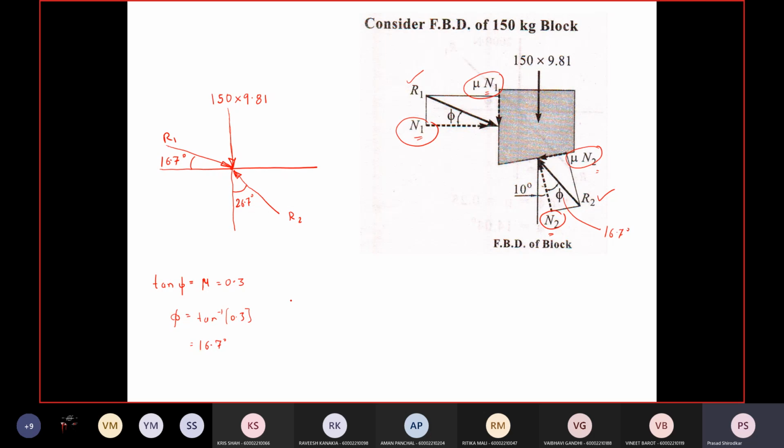Right. So now I have all the angles. Now I am going to apply Lami's theorem. I don't really need R1. All I need is R2. So I am just going to apply Lami's theorem to R2 and this 150 into 9.81. Okay. So R2 divided by sine of the angle opposite to it.